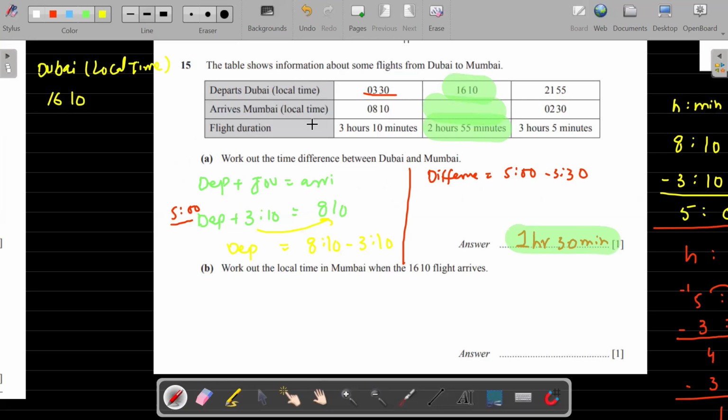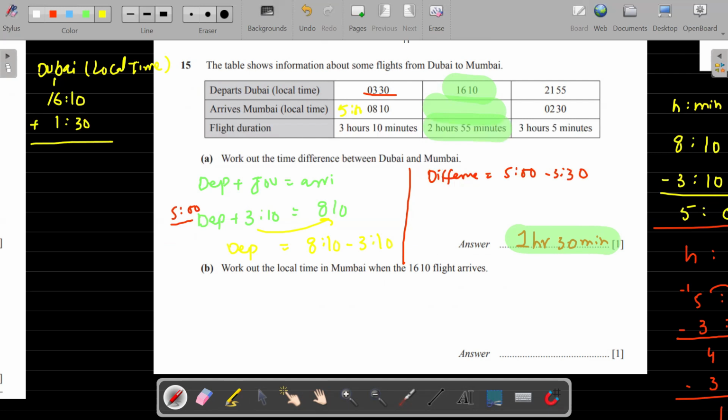If it was 3:30 in Dubai, it was 5 o'clock in Mumbai, as we calculated. So to get the local time according to Mumbai, I need to add 1 hour 30 minutes to it.